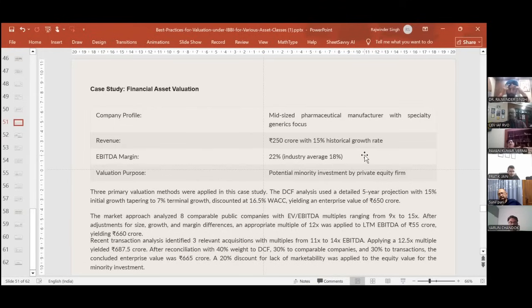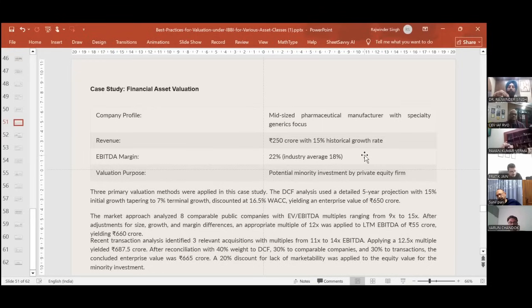And then the third method, recent transaction analysis, in which three relevant acquisitions were identified with multiples from 11 times to 14 times of EBITDA. So applying a 12.5 times multiple yielded a resulting value of 687.5 crore.